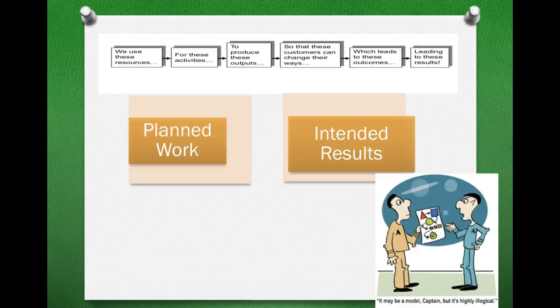Another way to look at the logic model is if we use these resources for these activities to produce these outputs, that's our planned work on the left-hand side. On the right-hand side is the intended results. So they immediately will know this, can do this, which will then lead to usually behavioral change and then long-term impact. The cartoon on the lower right-hand says, "It may be a model, Captain, but it's highly illogical."